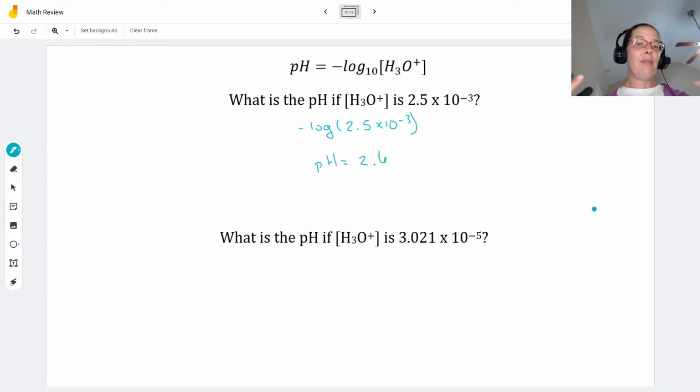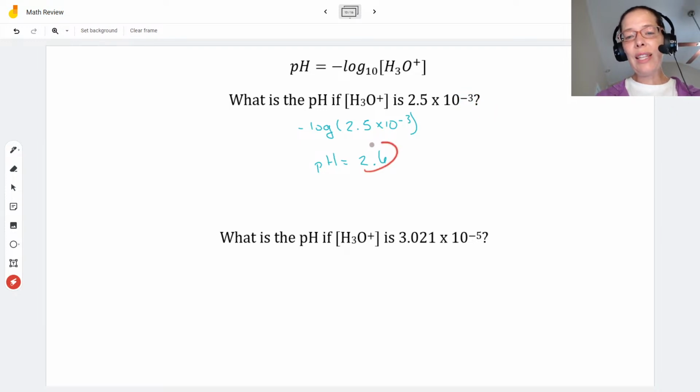There's also a little bit of a logic check here. While you can't just take the exponent down, your answer should be close to what the negative exponent is. So if this was 1.0 times 10 to the negative third, I would expect a pH of 3. And so the fact that I am close to 3 gives me confidence that, yes, I have done this calculation correctly.